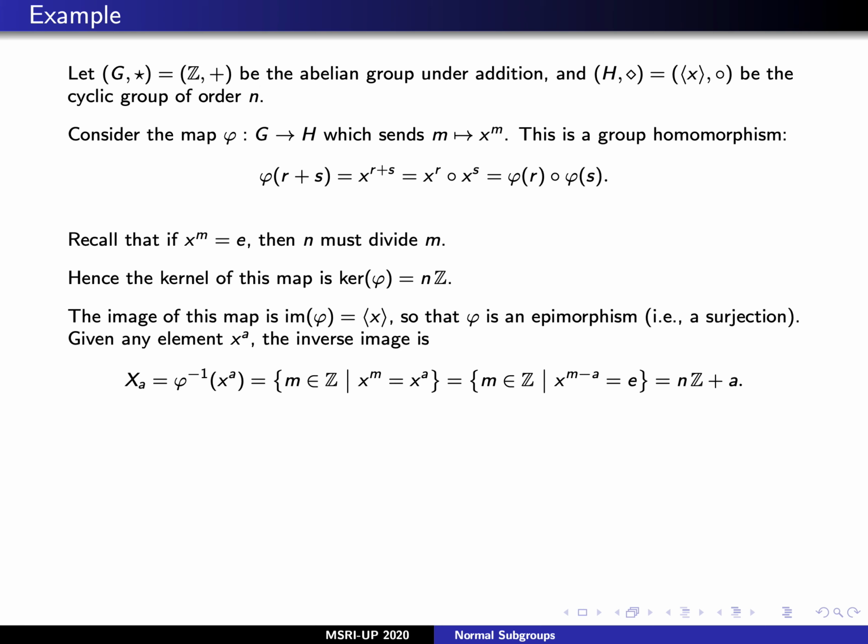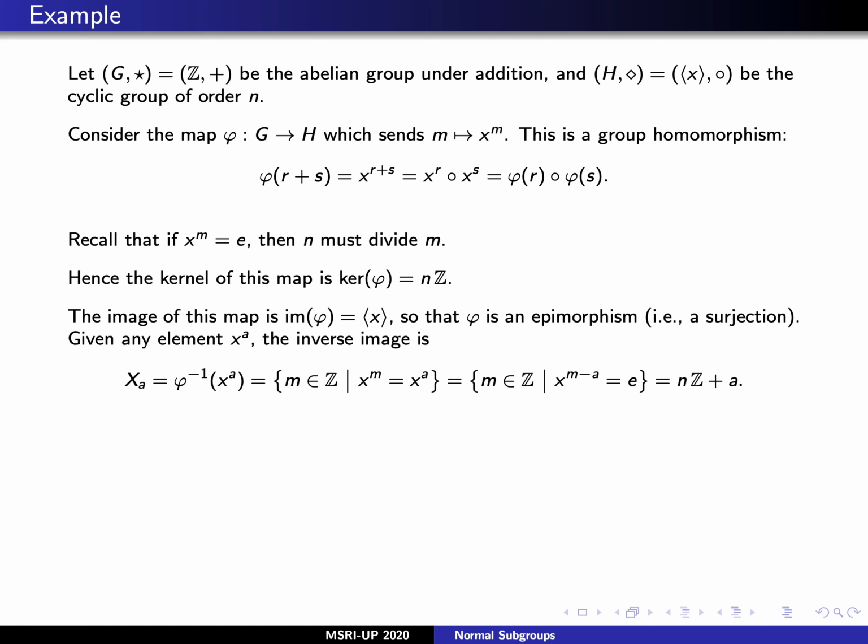The image of this map is the entire cyclic group, so phi here is actually a surjective map. With this in mind, we can now consider the fibers over any element x^a that comes from the codomain H. Here we're considering the set of integers m such that x to the m is x to the a.